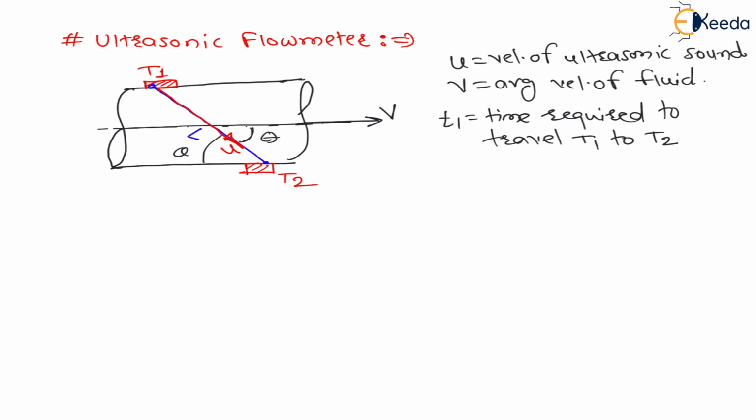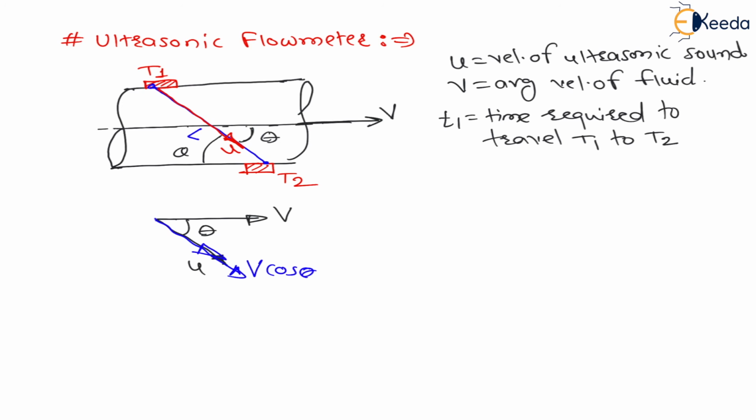You can see the sound is traveling with velocity u in this direction, and v is in this direction, and the angle between them is theta. V is the average velocity of the fluid. The component of this v along this direction will be equal to v cos theta. Therefore the sound velocity u as well as the component of fluid velocity along this direction, v cos theta, are in the same direction.